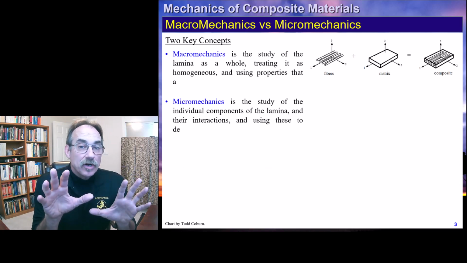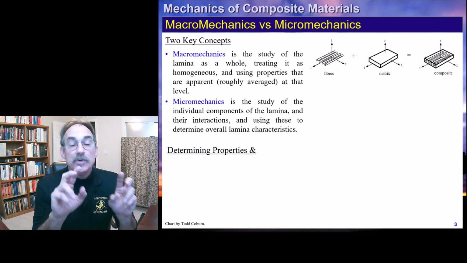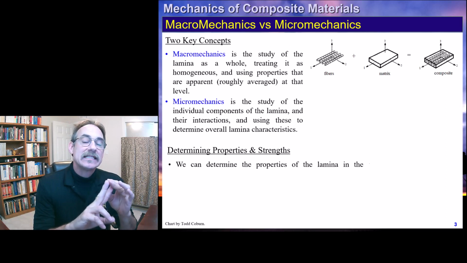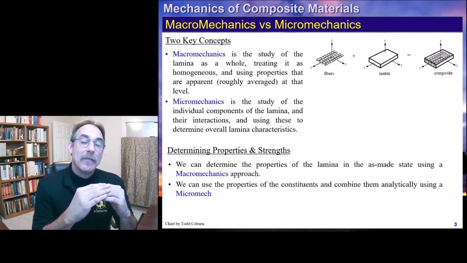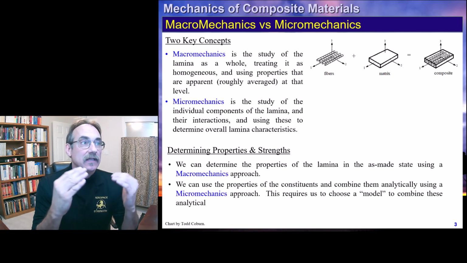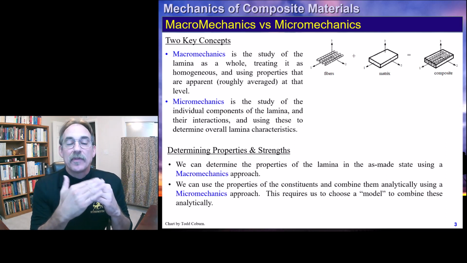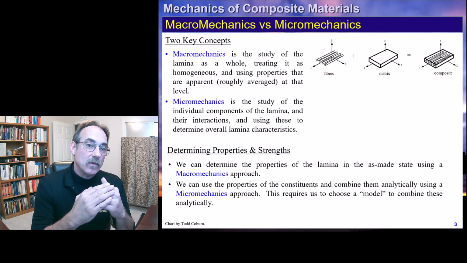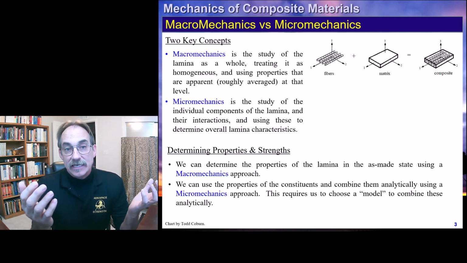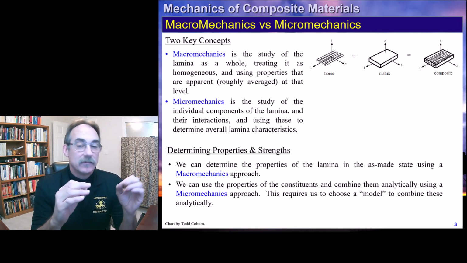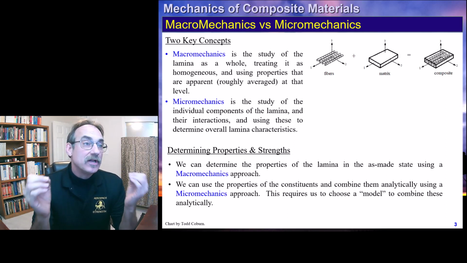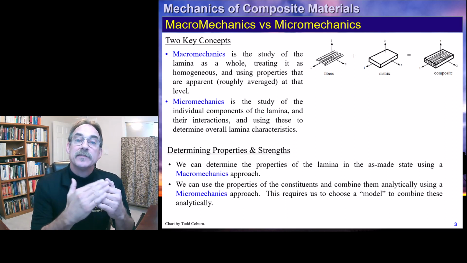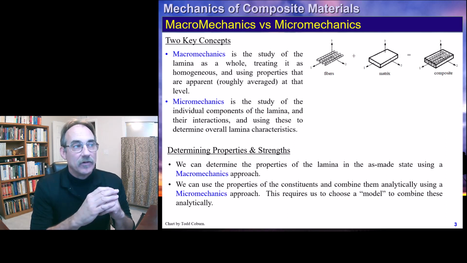So we are going to return to our two concepts of macromechanics and micromechanics that we've discussed already. Remember, macromechanics means we've looked at the lamina and we've figured out the properties of how it behaves as a whole. We don't actually need to care at that level what the constituents do or contribute, as long as we have a solid estimate for what the stiffness and the strength are at the lamina level.